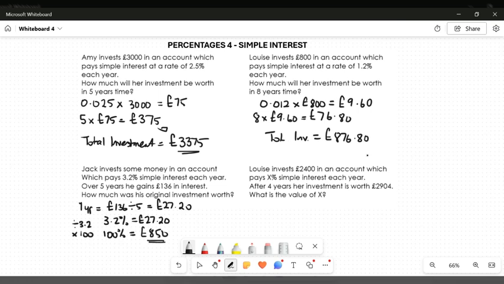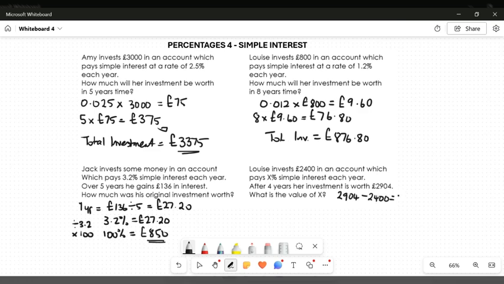So her investment now is worth £876.80. Right, so Louise invests £2,400 in an account which pays X% simple interest each year. After 4 years, her investment is worth £2,904. What is the value of X? First of all, we can do £2,904 take away 2,400.